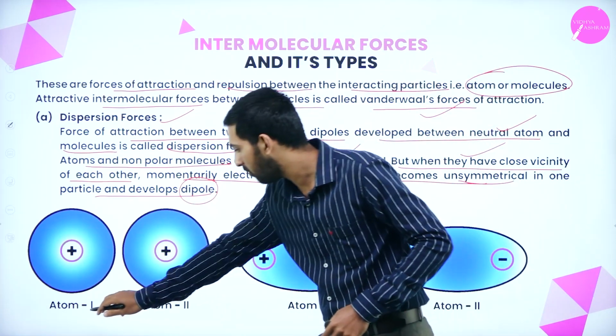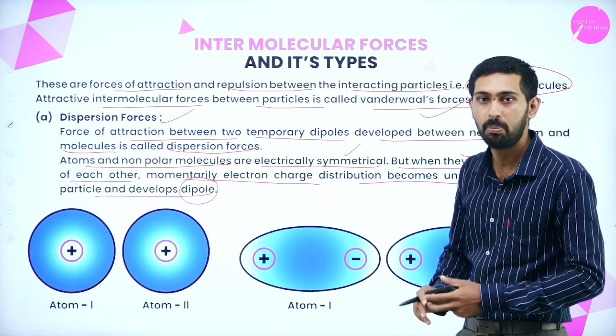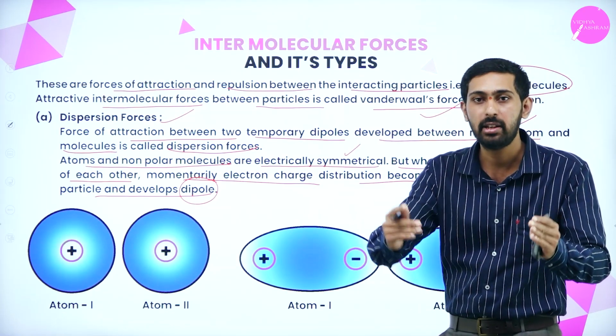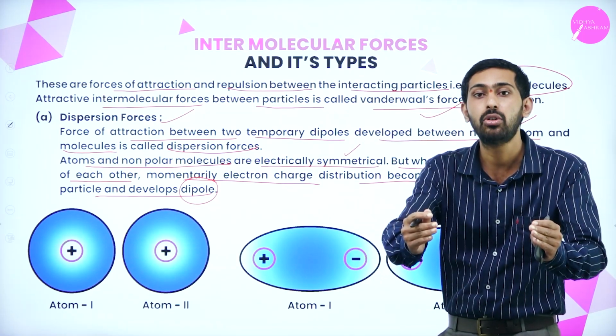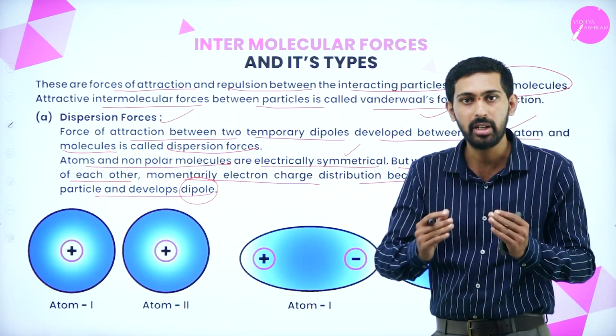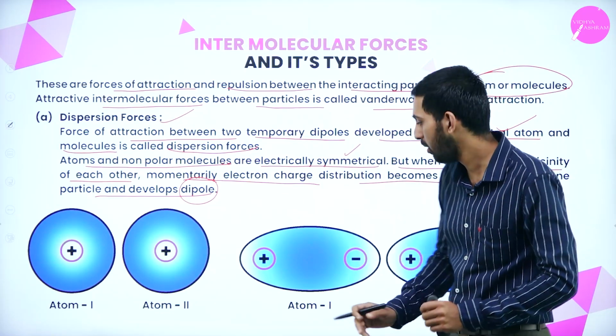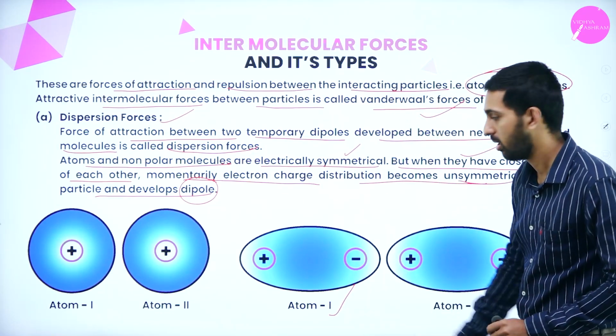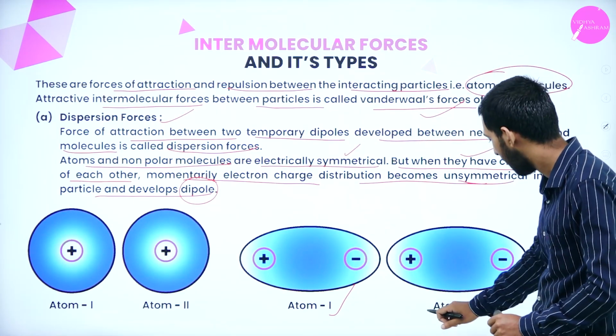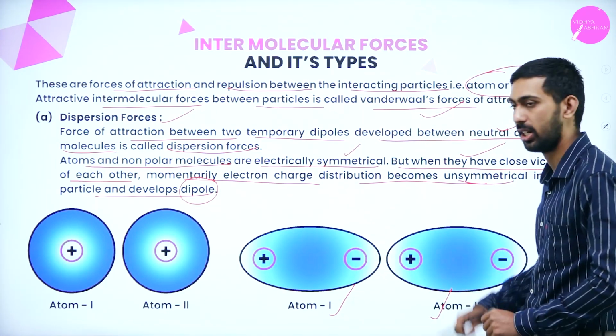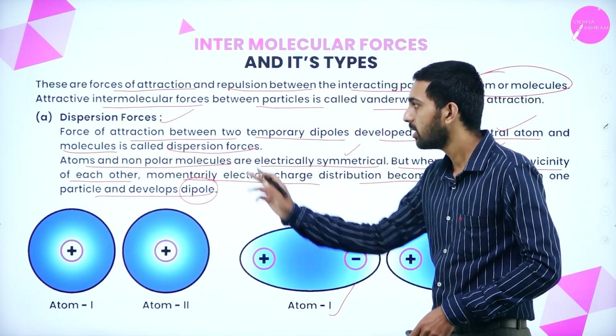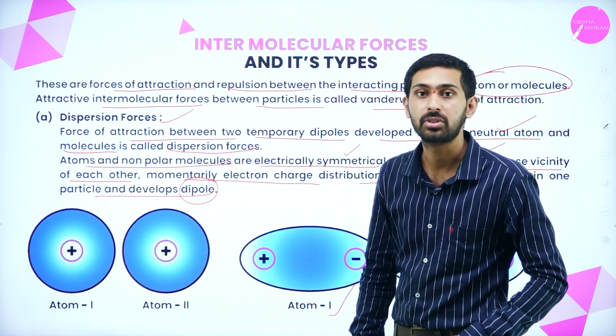See here, atom 1 and atom 2 are kept in an open environment, but very close to each other. Then what will happen? This is atom 1 with different charges and atom 2 with different charges. Did you understand? This is called dispersion forces.